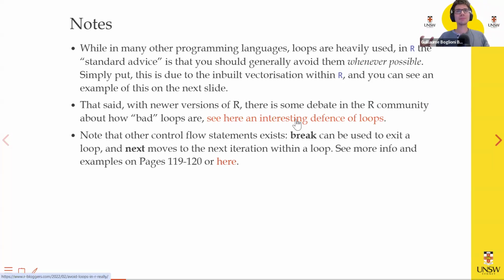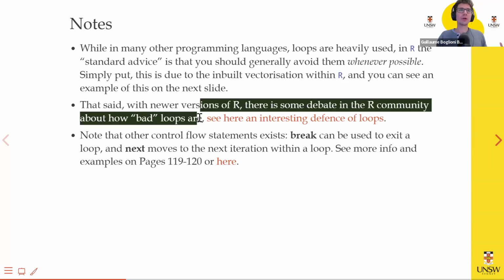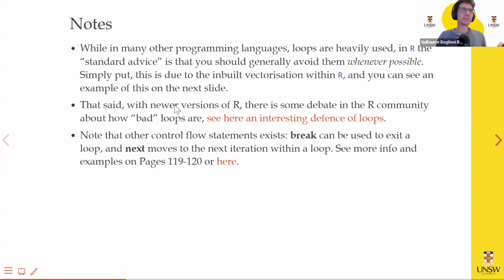Because it's a bit debated, I cannot give you a strong recommendation, but I would just say the small example I showed you before, that you basically can get away with a simple command like sum or product, there, yes, don't use a loop for those things. It's just inefficient. But in general, I don't think loops are as bad as some people might tell you.